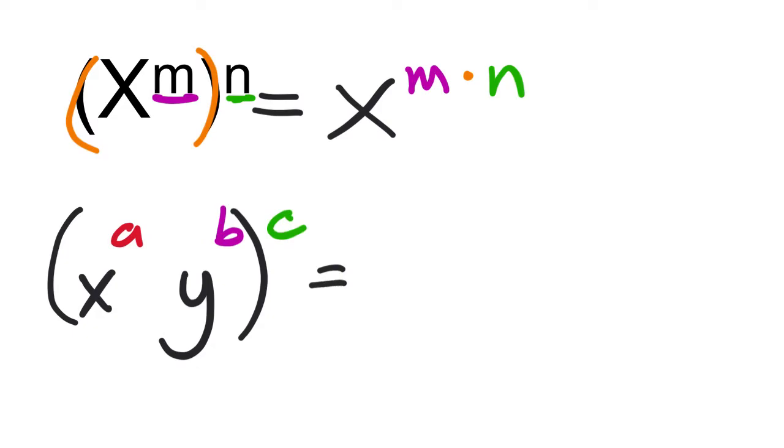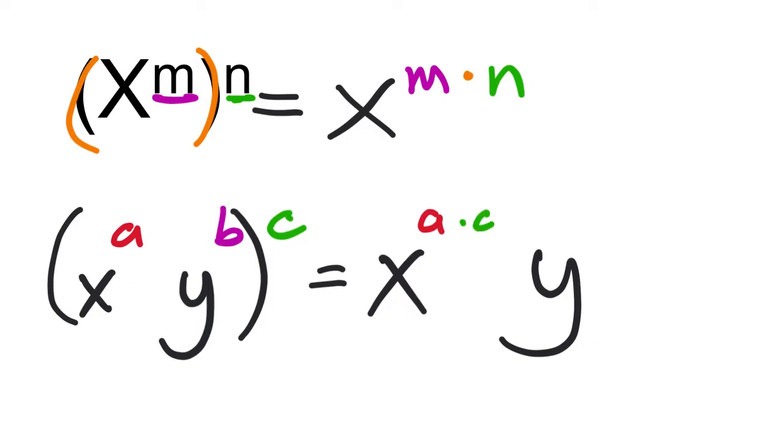Well, this would indicate that you'd, again, keep the bases x and y. You take the power of x^a and then multiply it by the exponent on the outside of that parentheses. So that'd be a times c. But y also, with its exponent b, you'd also multiply it by c. So whatever exponent is on the outside is going to multiply all the exponents on the inside, okay?